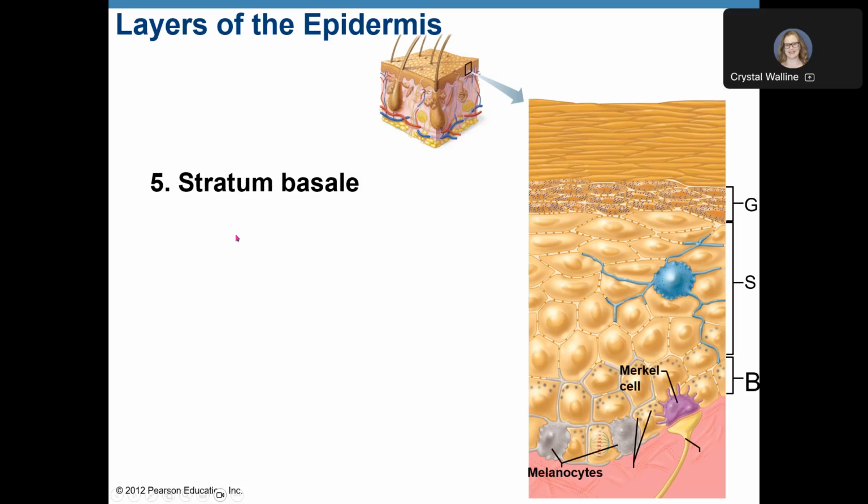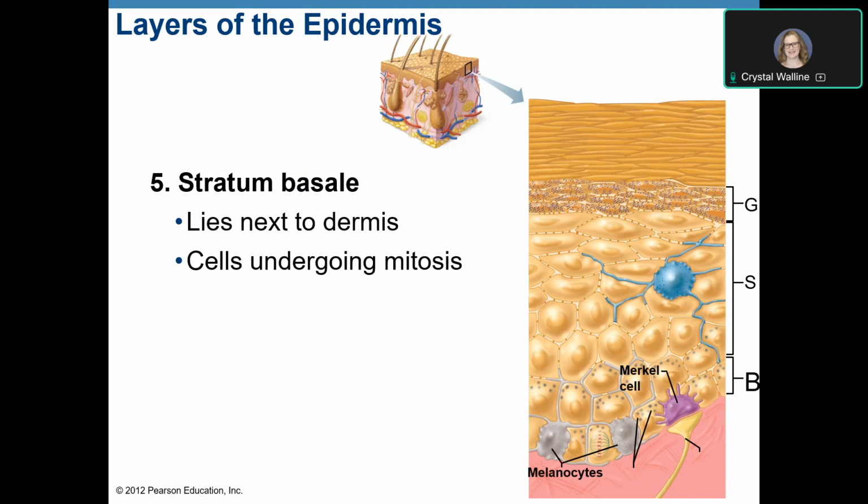Our fifth and final layer is the deepest layer of the epithelium, and it's called the stratum basale. Think of this as meaning the bottom layer, just like the basement is the bottom floor of your house. This layer lies next to the dermis, and this is the only place in your epidermis where your epidermal cells are going through mitosis or cell division.